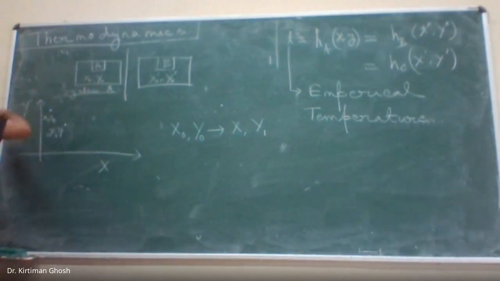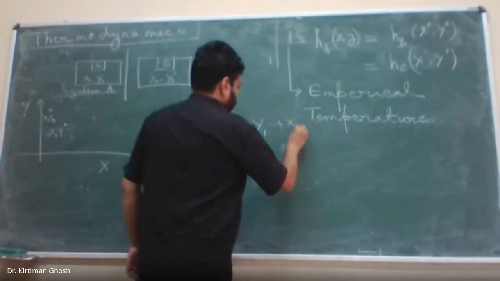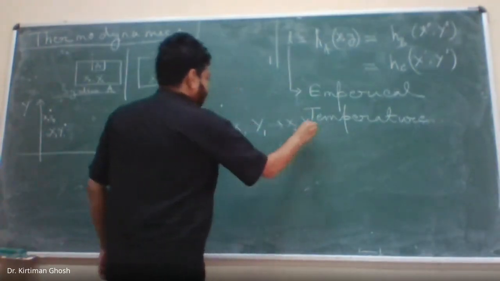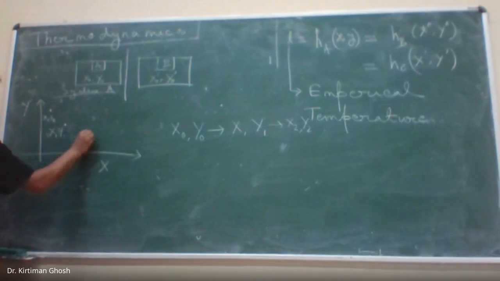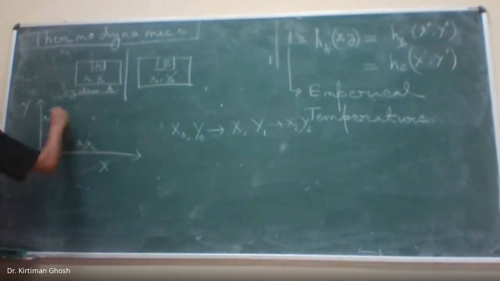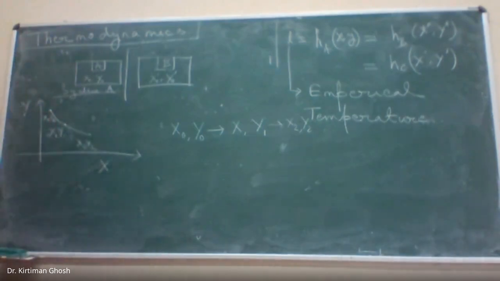Similarly, I take away system A again and change the coordinate to x2 and y2 in such a way that system A with coordinate x2 and y2 is still in thermal equilibrium with system B. So let us assume that this is my coordinate x2 and y2. So you understand what I am doing.